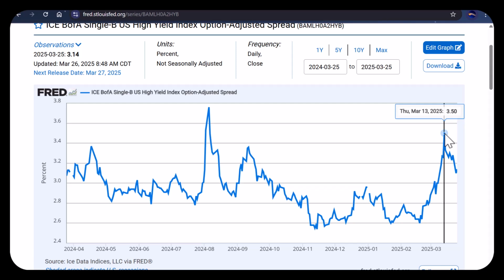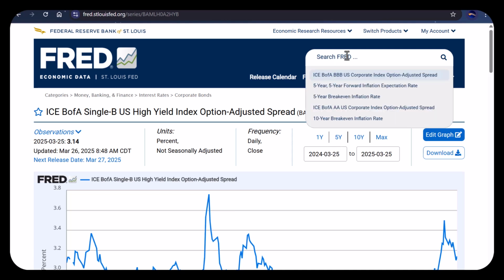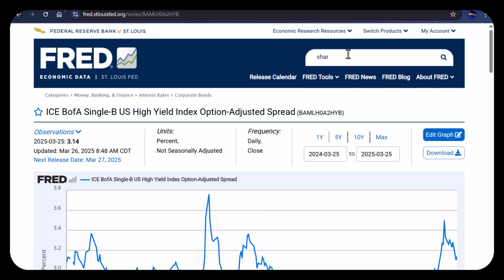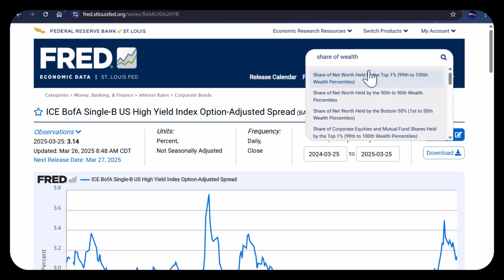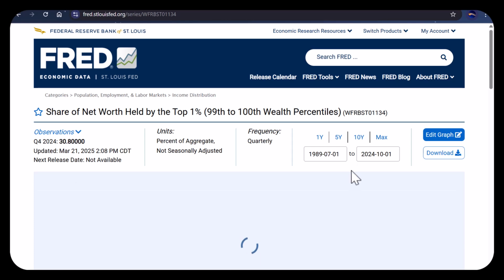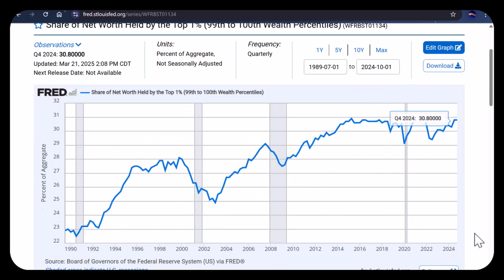They're there for you. You can even find some esoteric stuff. For example, I used to look at, let me see. This is the share of net worth held by the top 1% over the years.